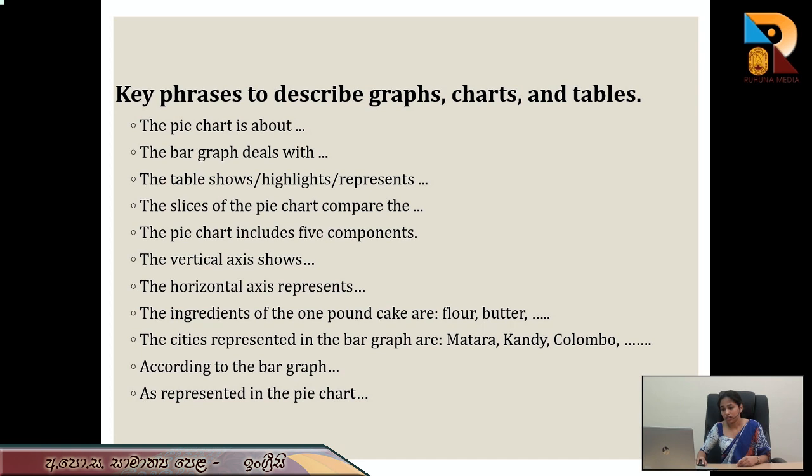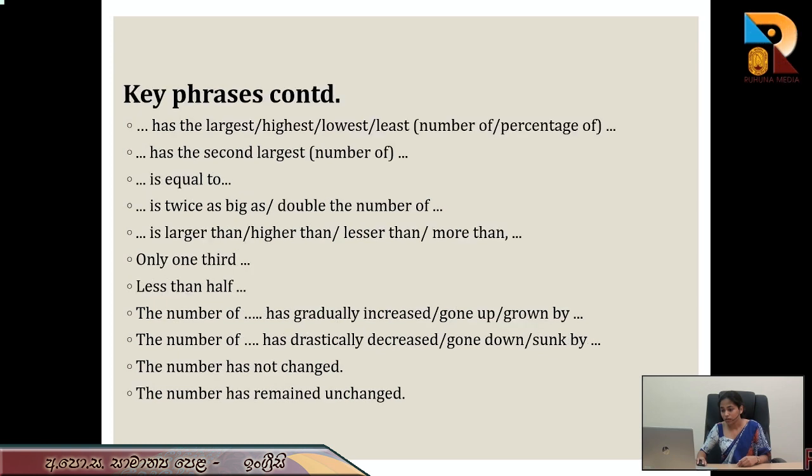And then moving on, now here are the key phrases that you could use to introduce the main trends, when you're especially drawing comparisons and contrasts between the elements.